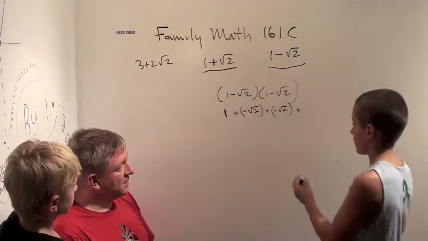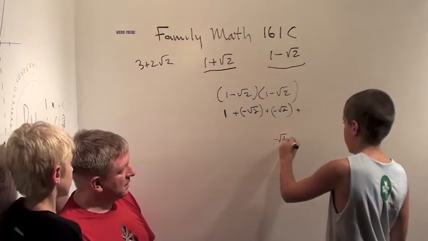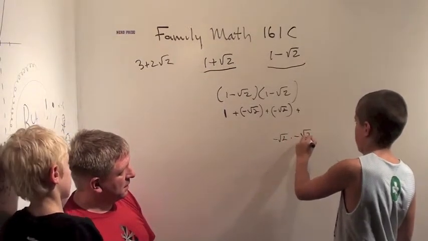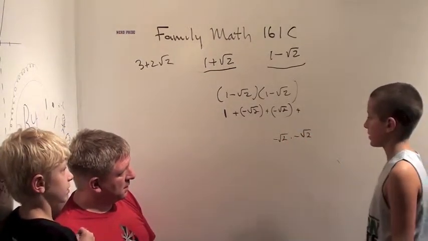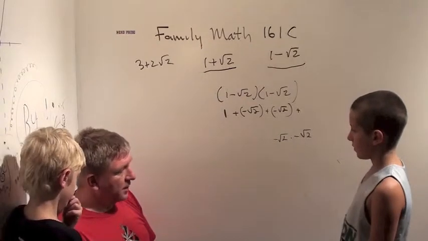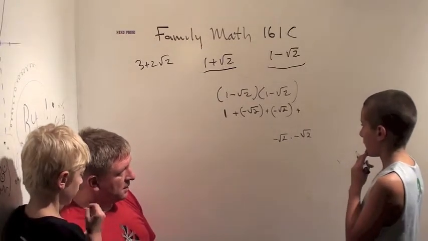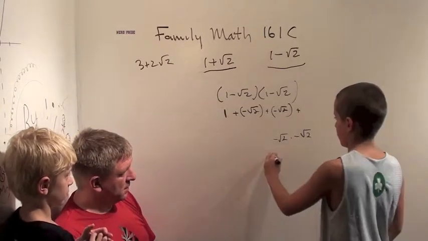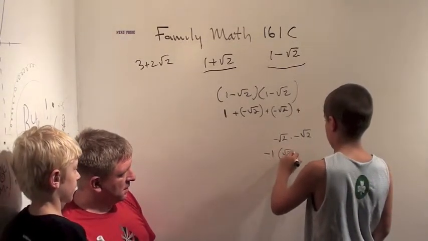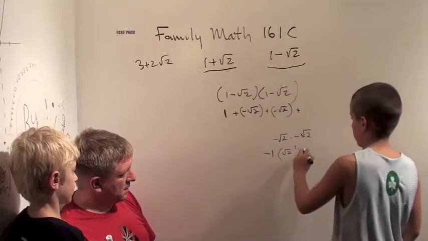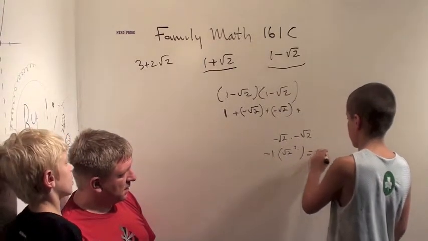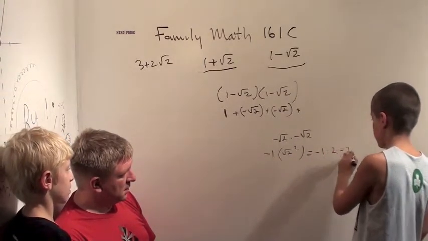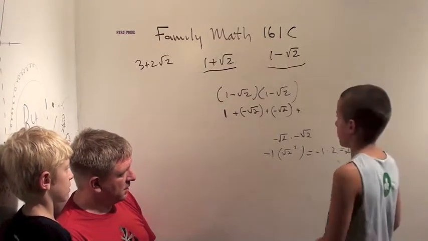Good question. Minus the square root of 2 times minus the square root of 2. What do you think? Well, you could take a minus 1 out of everything. It's this, which is minus 1 times 2, which is minus 2. All right.